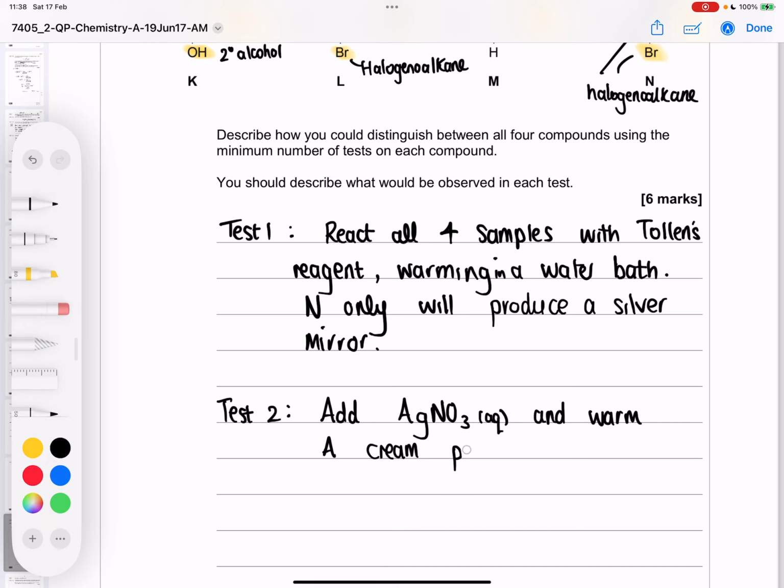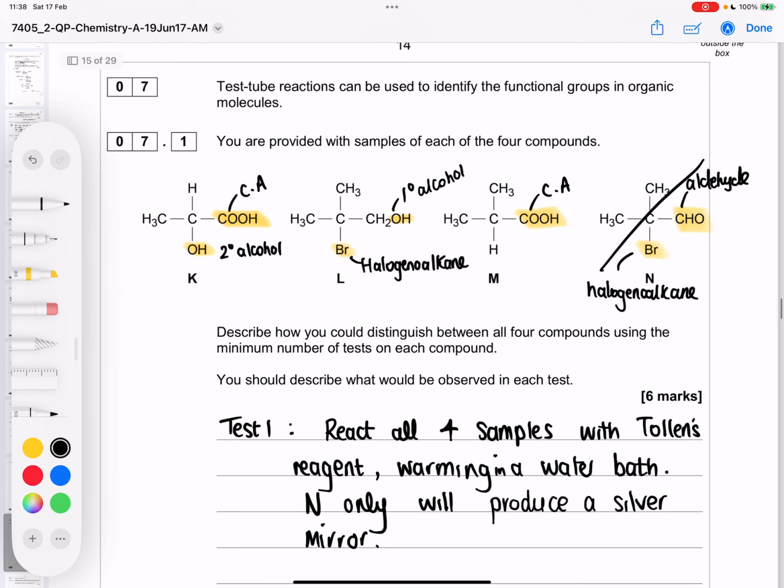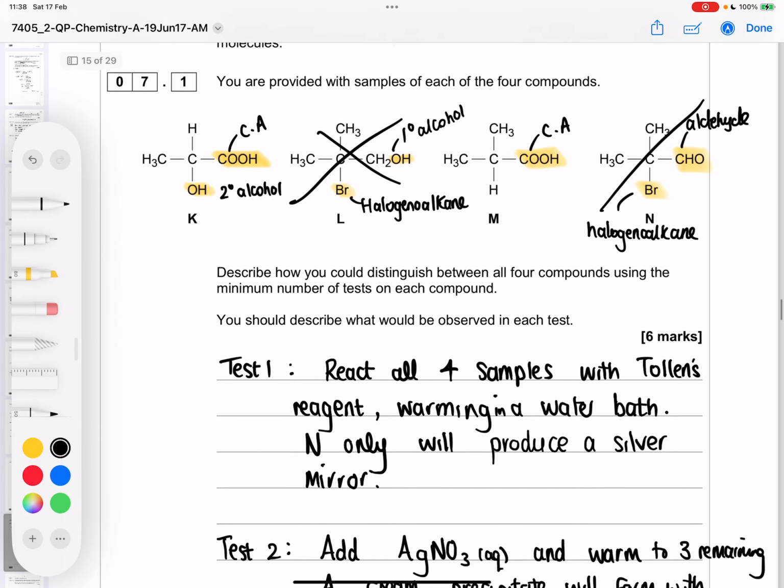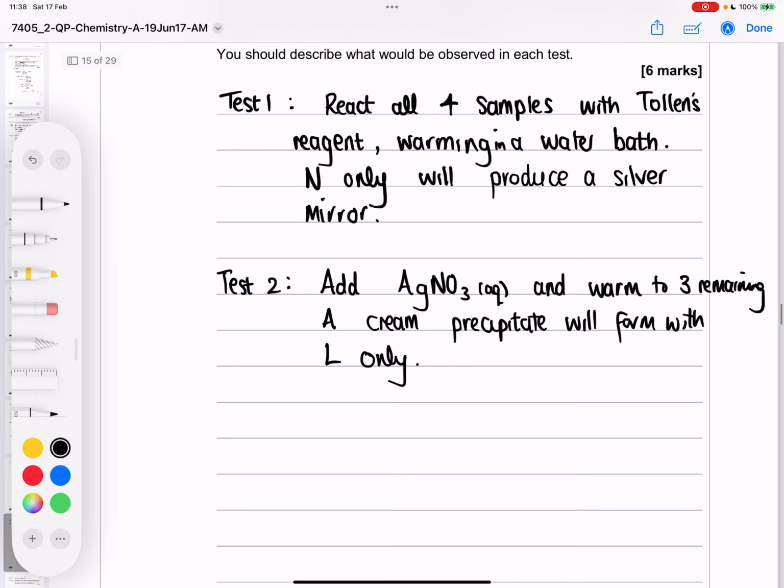This is level of response. So this is just to the 3 remaining. So we'll get rid of L. So now we've got rid of L. We've got 2 carboxylic acids, but one of them's also an alcohol.